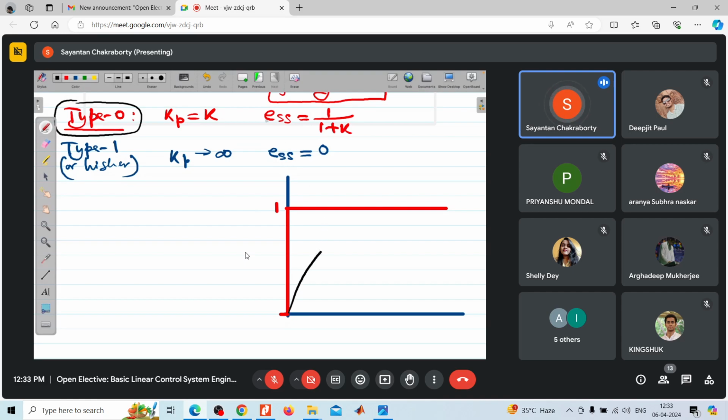It may be the underdamped response. This is a steady state value. So obviously there is a finite offset. What is that value? 1 by 1 plus Kp.